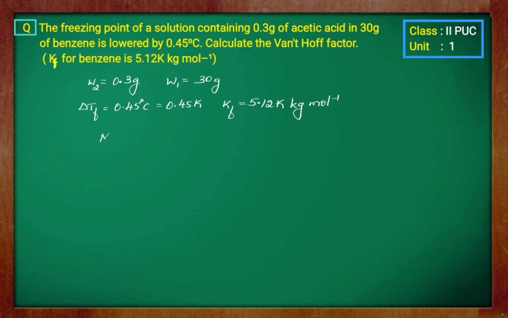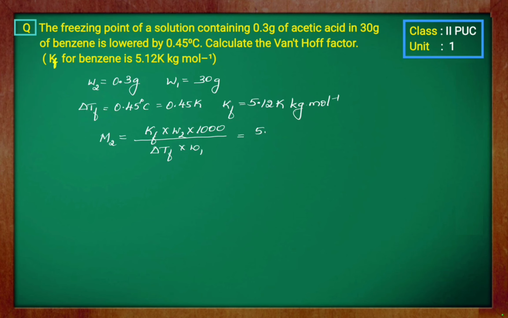So now we have the formula. The molar mass of solute M2 is equal to Kf into W2 into 1000 divided by delta TF into W1.